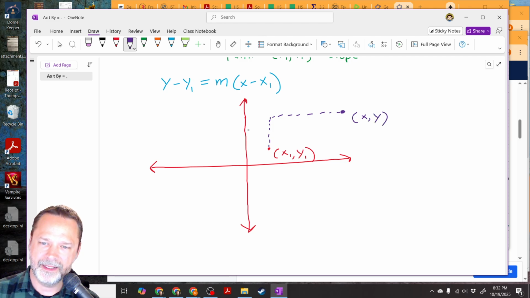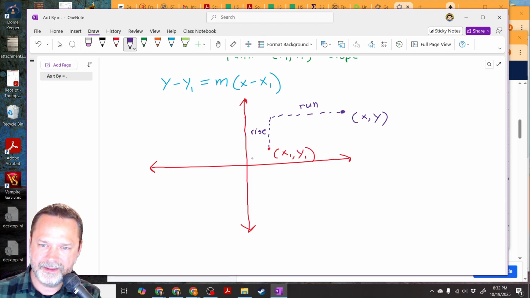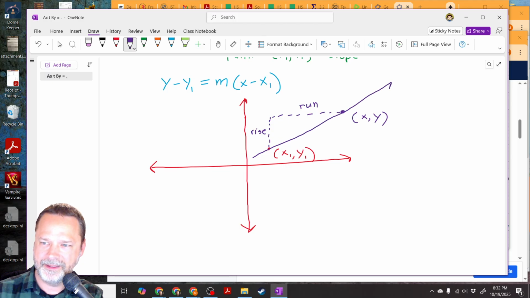And I got my rise here, and I got my run over here. And we got some line going through. Let's see if I can draw a somewhat straight line here going through there. Pretend it's straight. It's good enough.